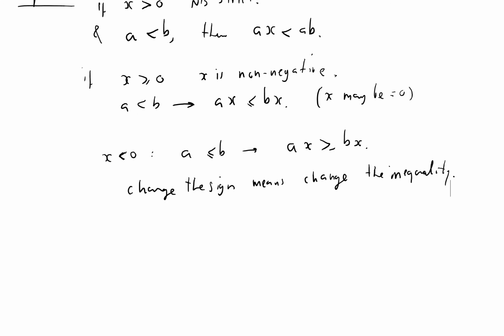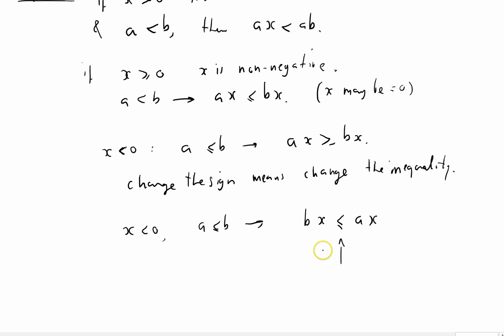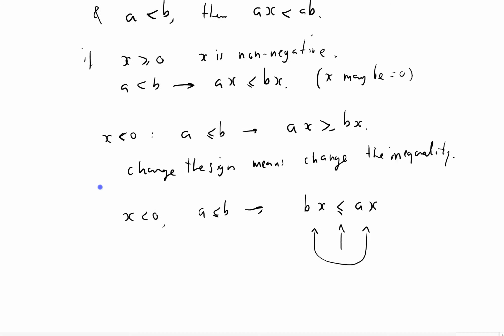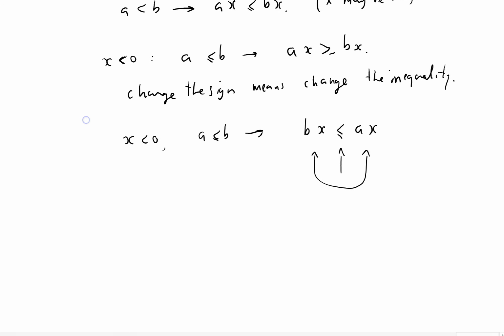Sometimes I'll write it like this: if X is less than 0 and A is less than or equal to B, that implies that BX is less than or equal to AX. Sometimes I'll keep the inequality and just swap the quantities on either side of it. So again, I'm going to assume that all this is understood. Right, and I'm going to stop there.